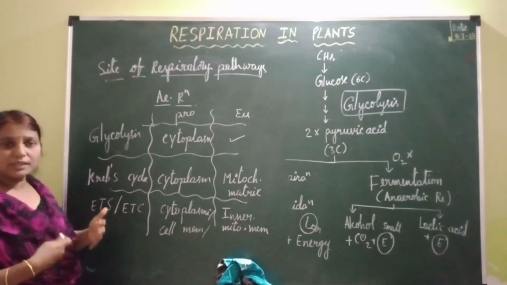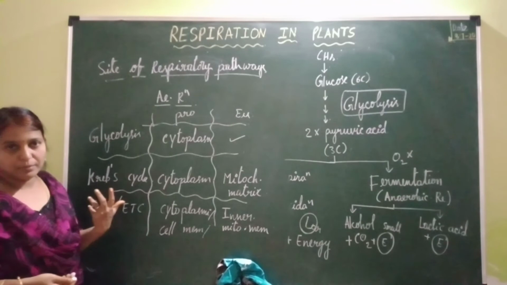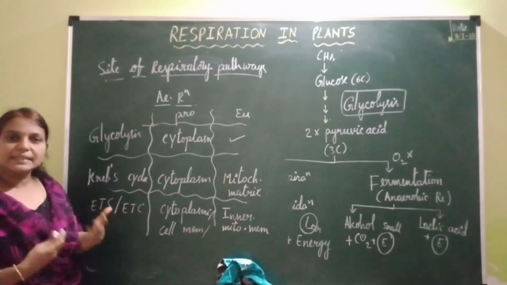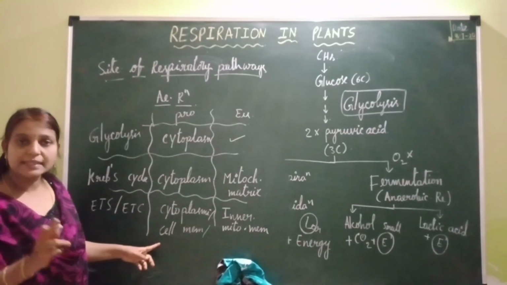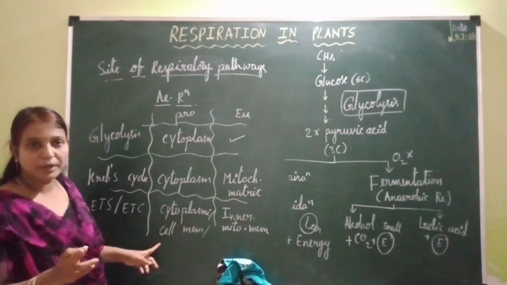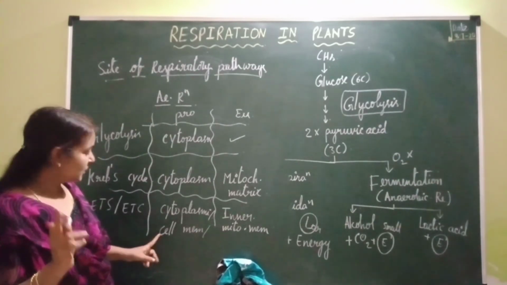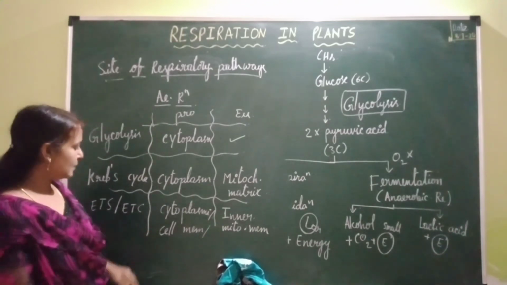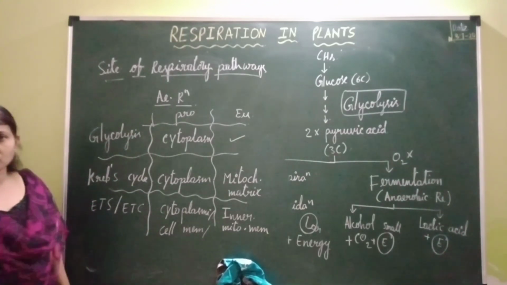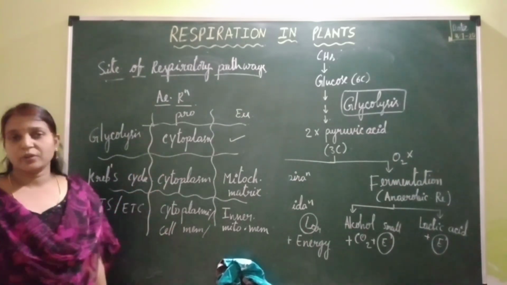Mitochondrion is a double membrane bound cell organelle, nucleus is double membrane bound, chloroplast is double membrane bound. But in prokaryotes, only one cell membrane is present, that is the plasma membrane, on the surface of which the enzymes and other carriers required for the electron transport system or electron transport chain are present. So this is all about the different sites of aerobic respiration in both prokaryotes and eukaryotes.